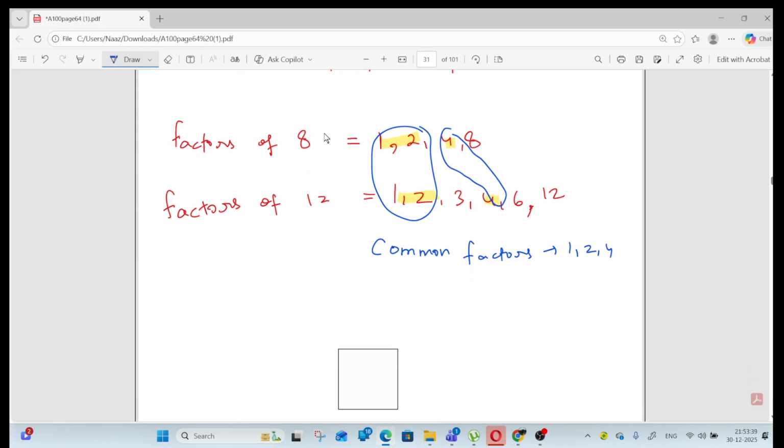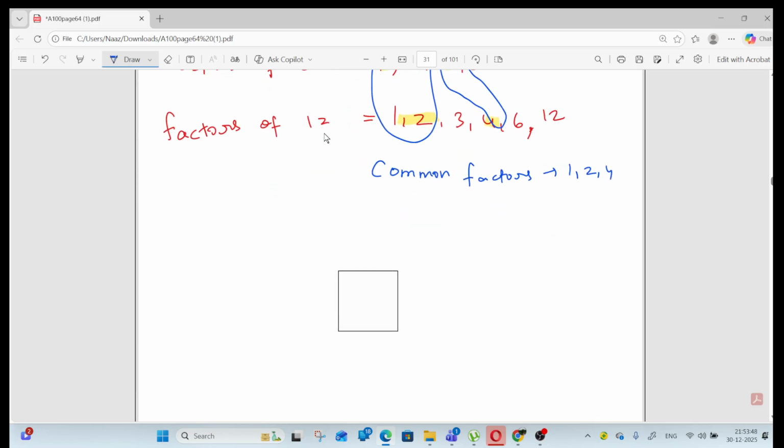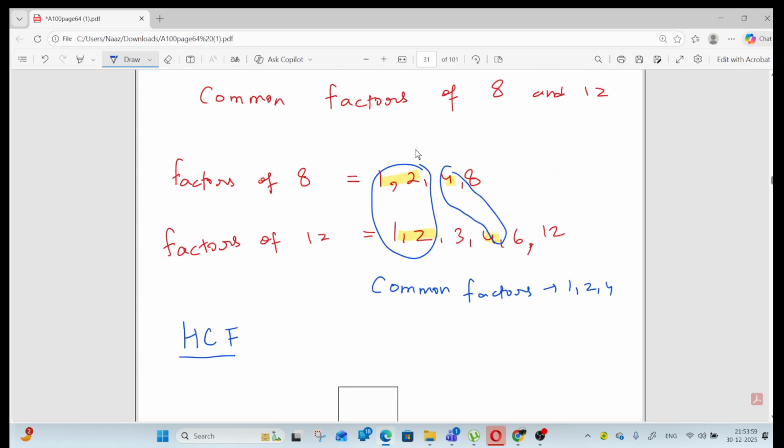Now, there is HCF. You must have heard HCF. HCF is the highest common factor. So if you see in these two lists, which one is highest out of these three common factors, 1, 2, 4?